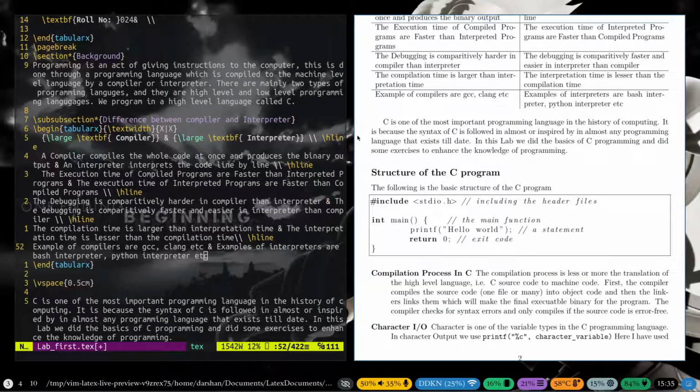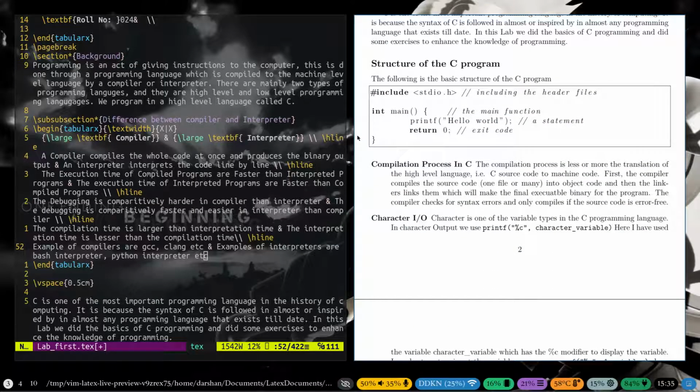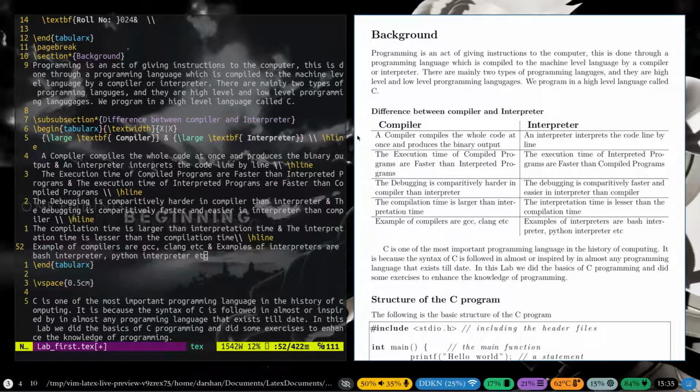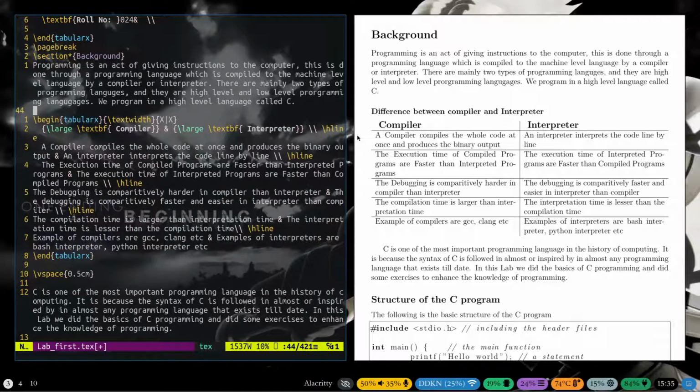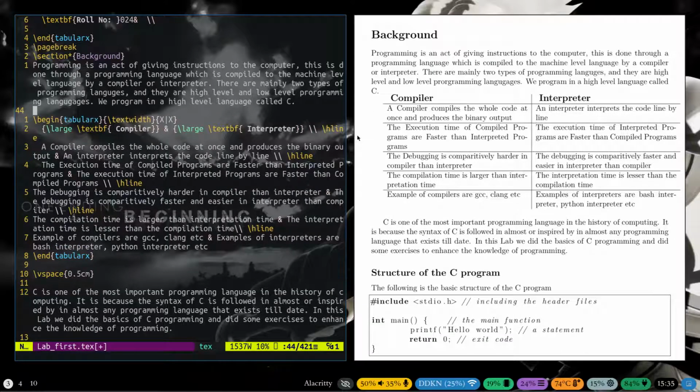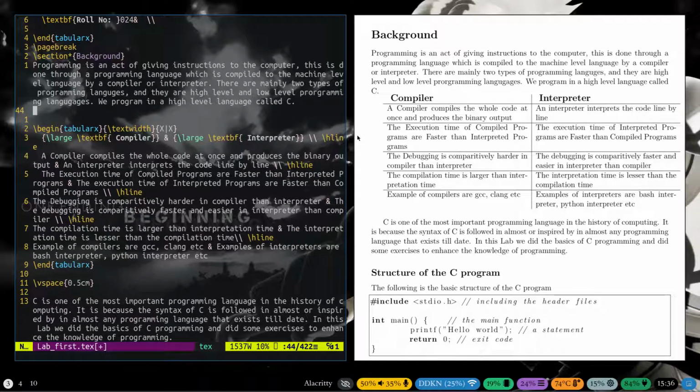But if I'm going to write the same thing for both, then I have to write that too. I think I have to delete this. I do not need the difference between compiler and interpreter written there. That's going to be okay with this. Alright. Why is there no vertical space?